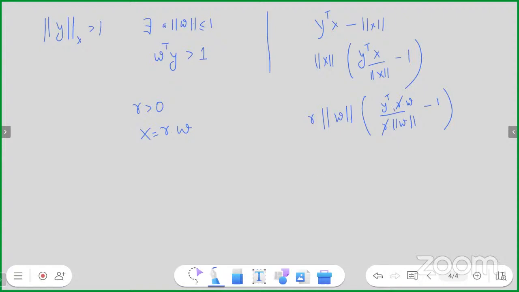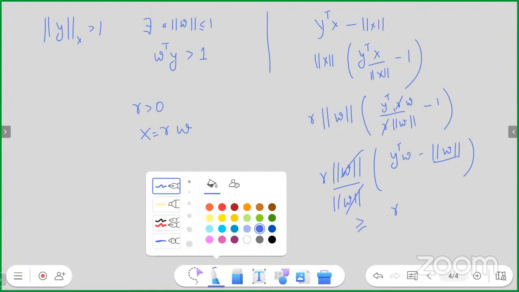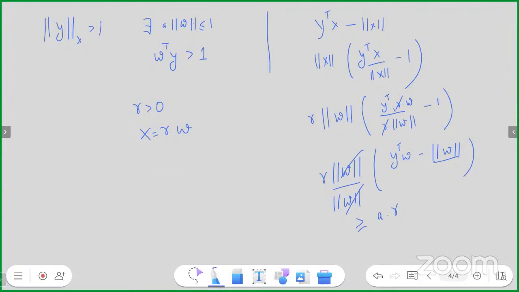So this is R times W, Y transpose W minus norm of W, whole divided by norm of W. This cancels off. This is less than or equal to 1, but this is greater than or equal to 1. So this whole quantity is greater than some positive number times R. Let's call it some A.